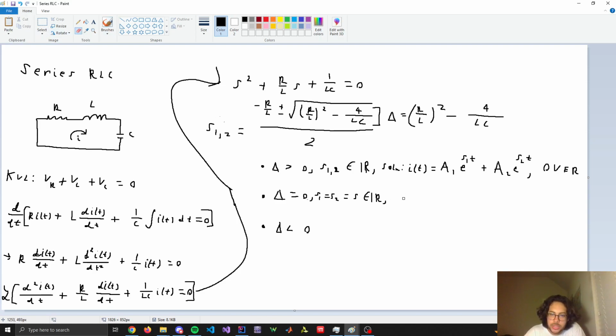The solution to the equation is going to be i of t equals a constant a1 times e to the st plus another constant a2 times t times e to the st. We need a multiple factor of t.